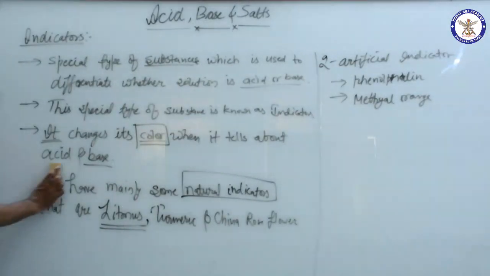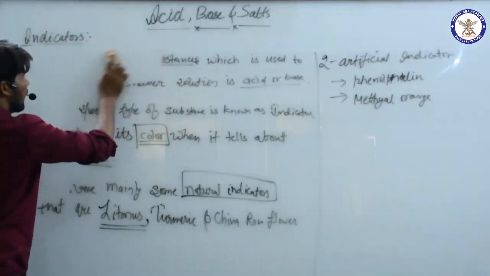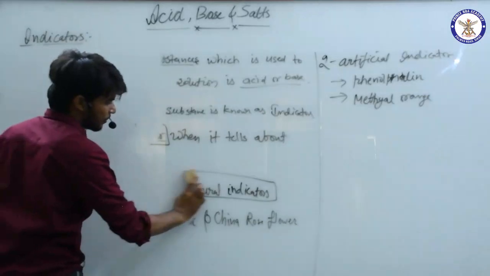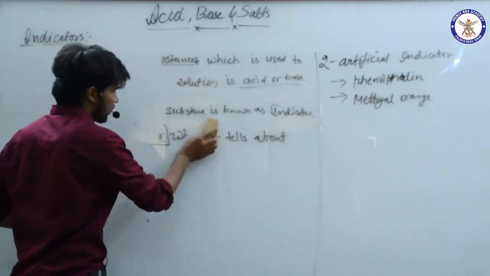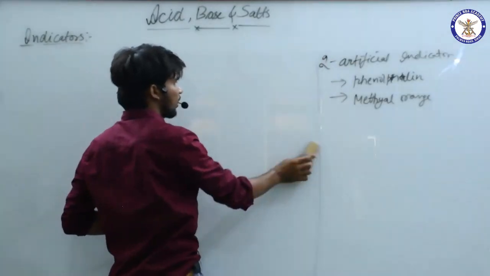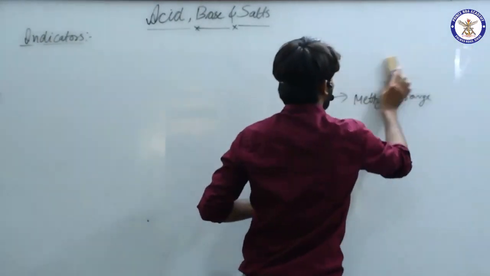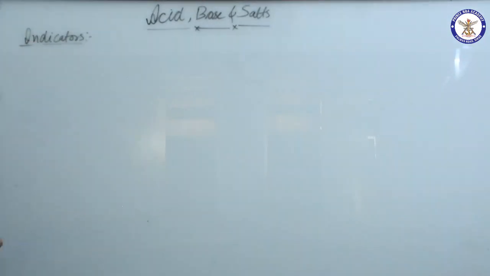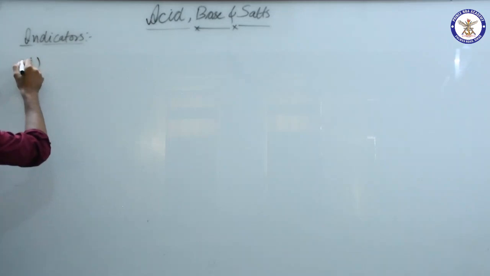Now we will study step by step each indicator and its final color outcome. So first we are going to study litmus. The first one is litmus.